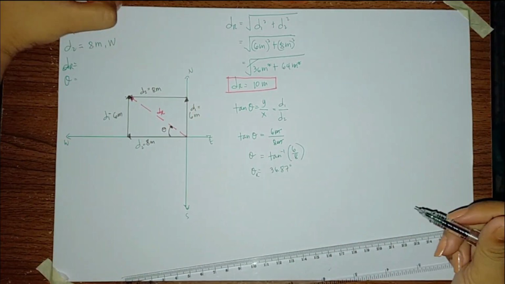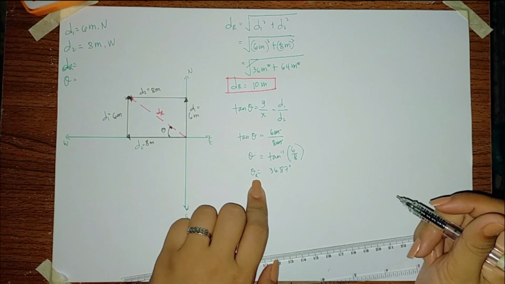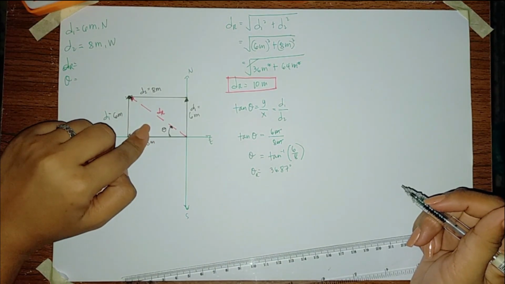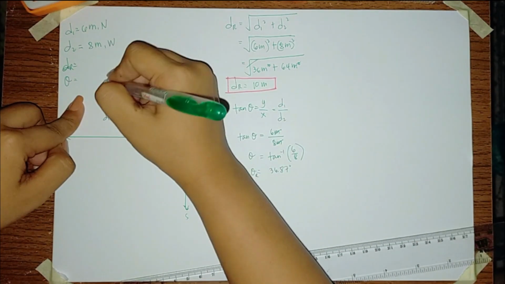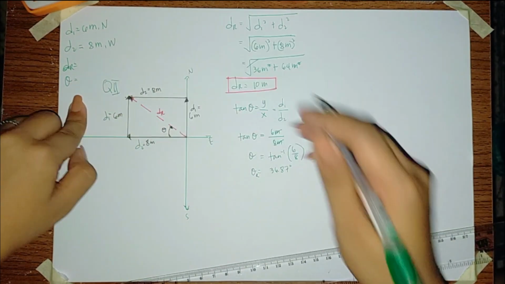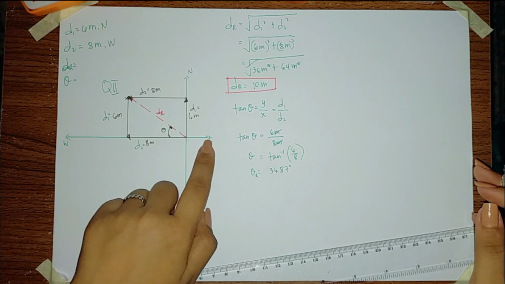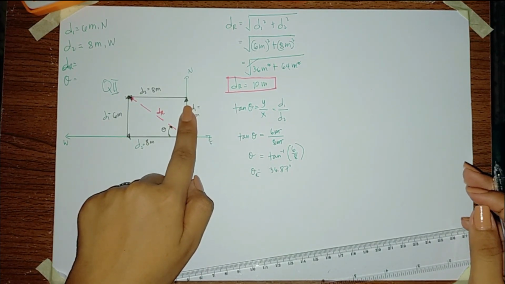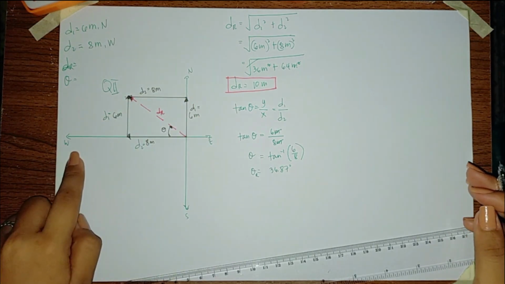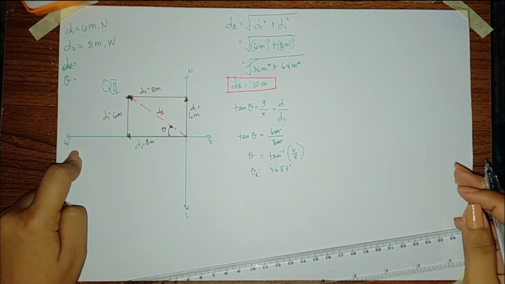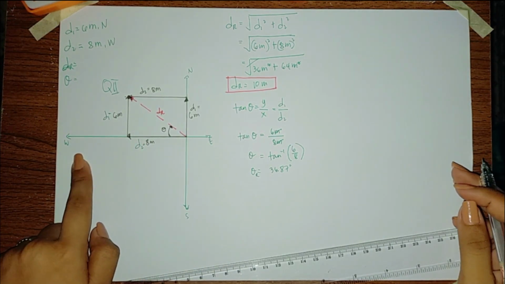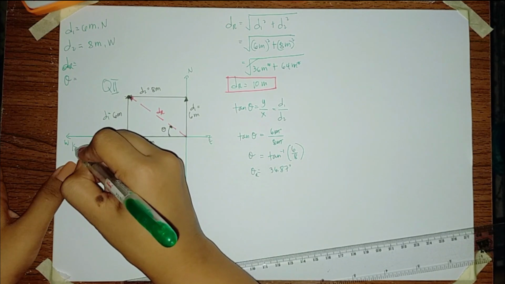Take note, what we solved is only the reference angle. Now, our resultant is located in the second quadrant. As we all know, from east going to north, it is 90 degrees. And then from north to west, it is another 90 degrees. Therefore, from east going to west, it is 180 degrees.